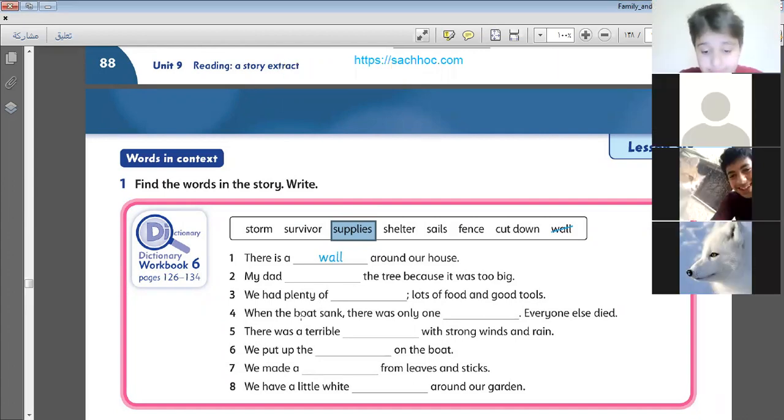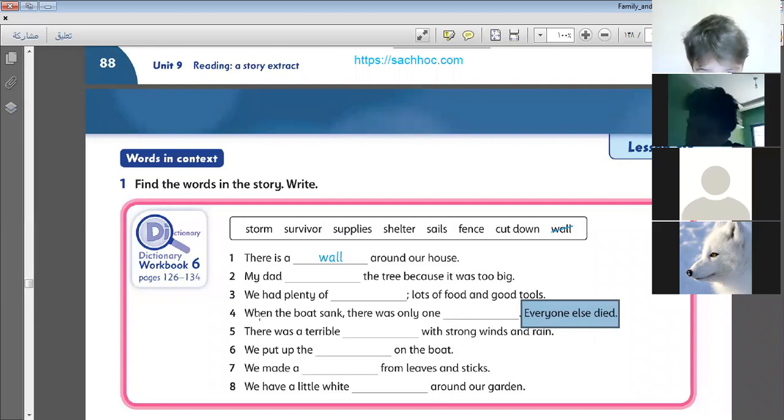So when the boat sank, there was only one. Everyone else died. So what do you think the answer is? Yes, please. Abdullah Ashraf? So number 4 now, please.